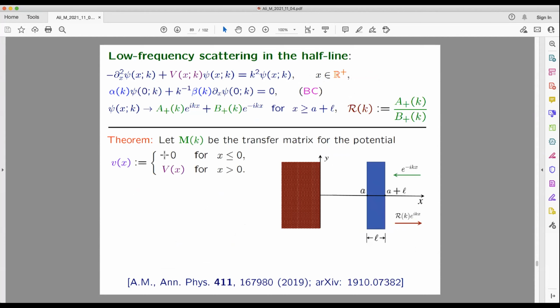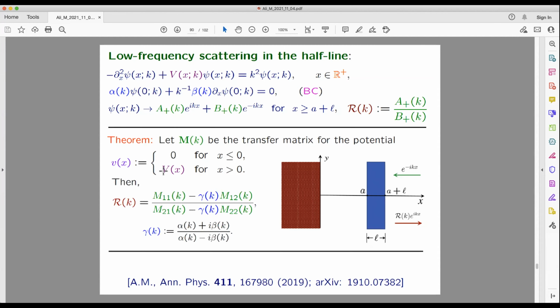Now, in 2019, I had shown the following. Suppose you have the following potential little v, which is the same as capital V on the right-hand side, but 0 on the left-hand side. So this is the potential defined over the full line. For that, I can define a transfer matrix. I call it M. Then you can show that the reflection amplitude for this potential capital V, that is for the scattering problem on the half-line, is related to the entries of the transfer matrix for this potential little v through this formula.